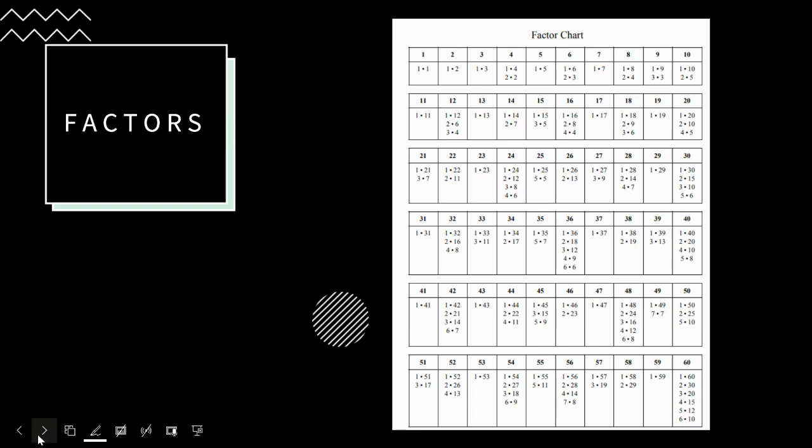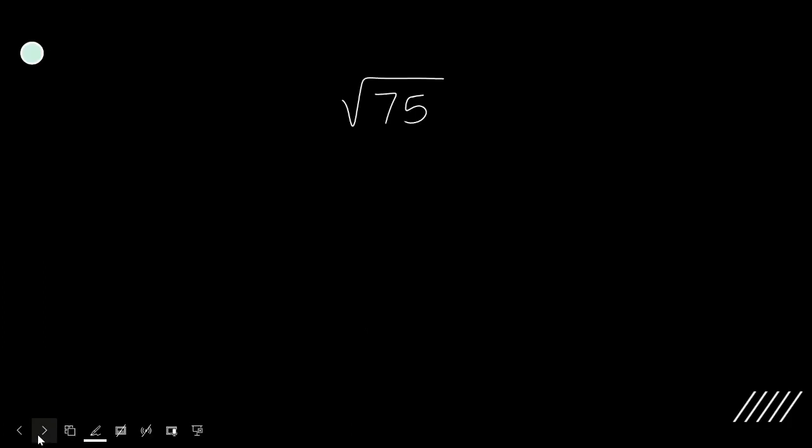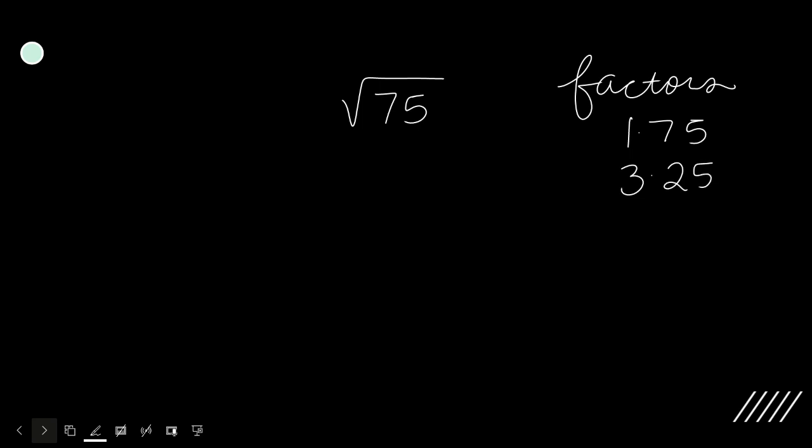So you want to take a look at that list and find 75, and we'll see that the factors of 75 are 1 times 75, 3 times 25, and then 5 times 15. So these are all the ways we can multiply to get 75.